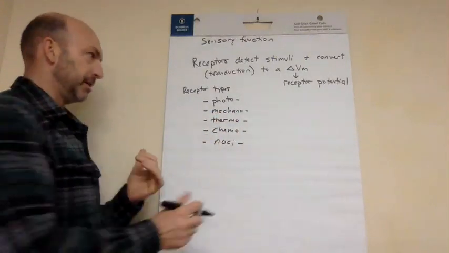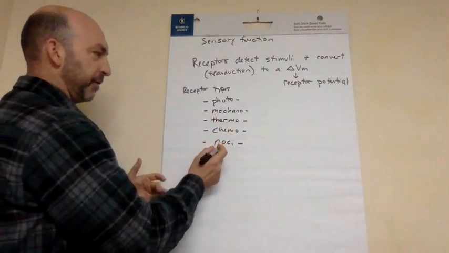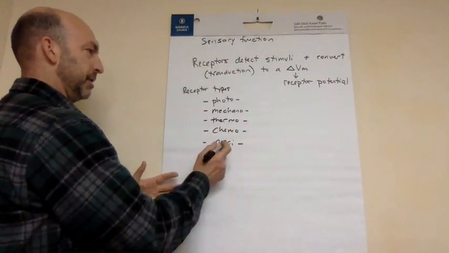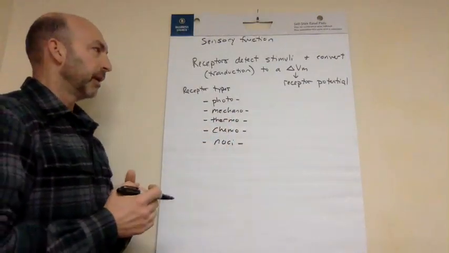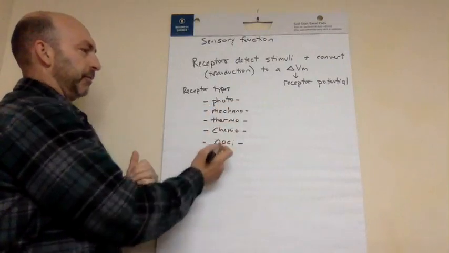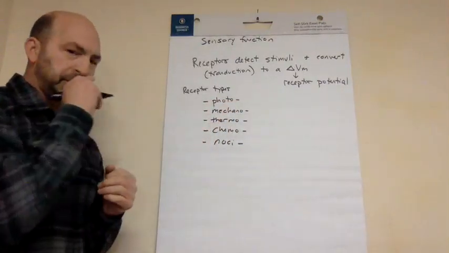Somebody punches you in the arm. Those are mechanoreceptors, but if it's painful, you're also stimulating nociceptors that are detecting that mechanical distortion. The only place there wouldn't be a subset here would be photo.